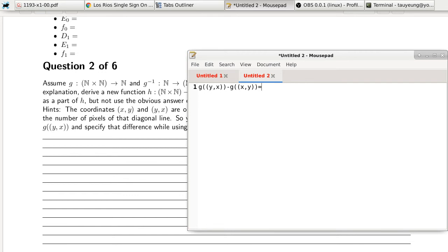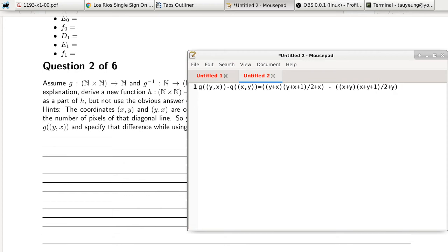Once you expand these equations, one is y plus x times y plus x plus 1, the whole thing divided by 2, plus x. So that would be g of yx. And then g of xy is x plus y times x plus y plus 1, the whole thing divided by 2, plus y.